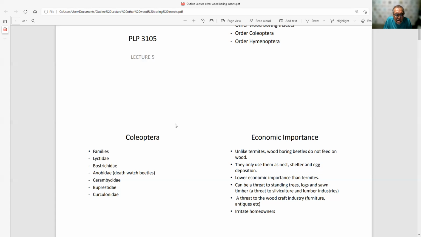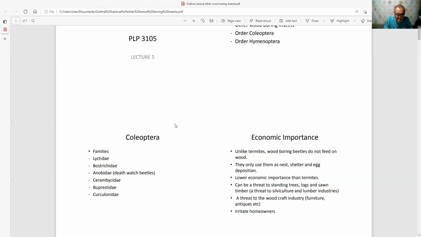They reside in wood or wooden structure for refuge. Dia hidup di dalam struktur yang dibina daripada kayu. Okay, so these are some of them. Just a representative, not exhaustive. Maksudnya kita tak senaraikan semua.